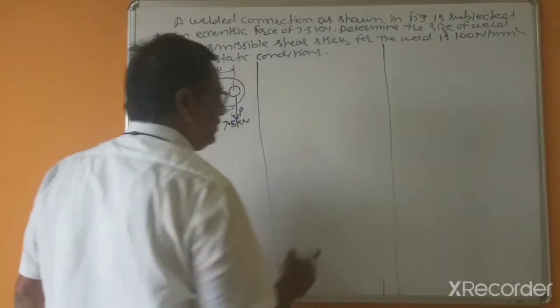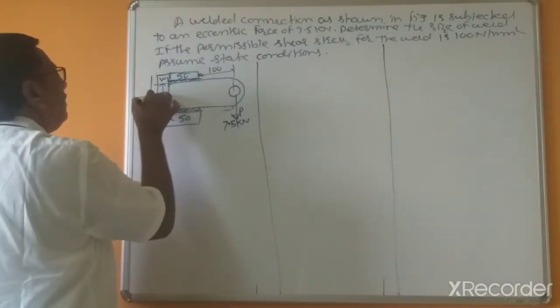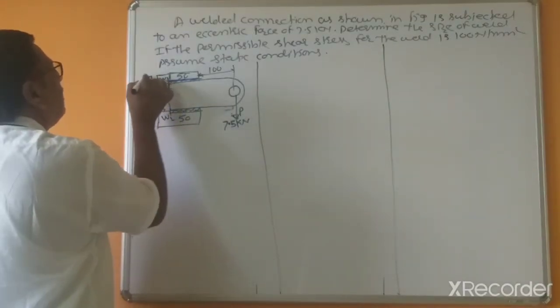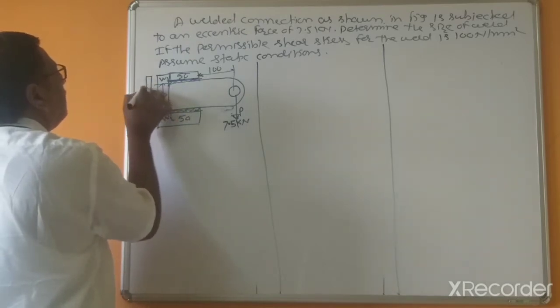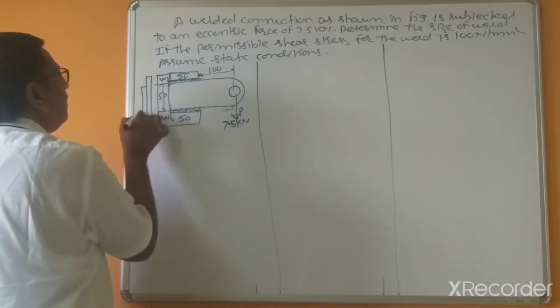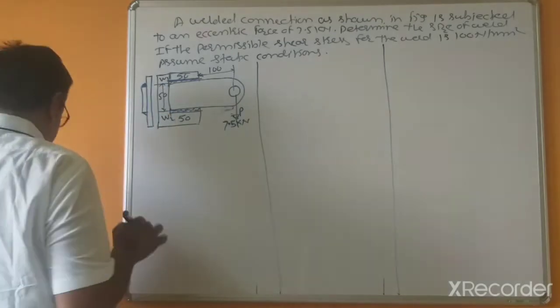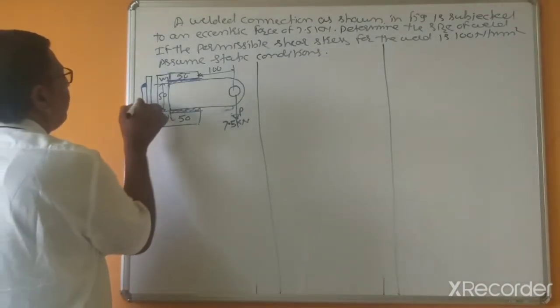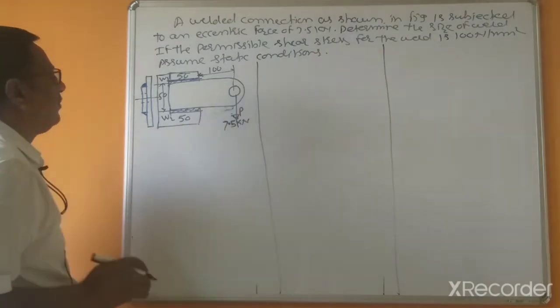Because we require more space, this is a side view. This is dotted.